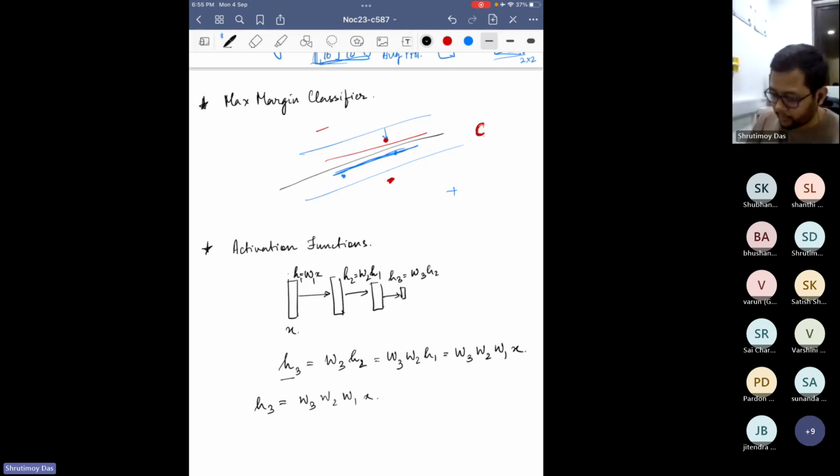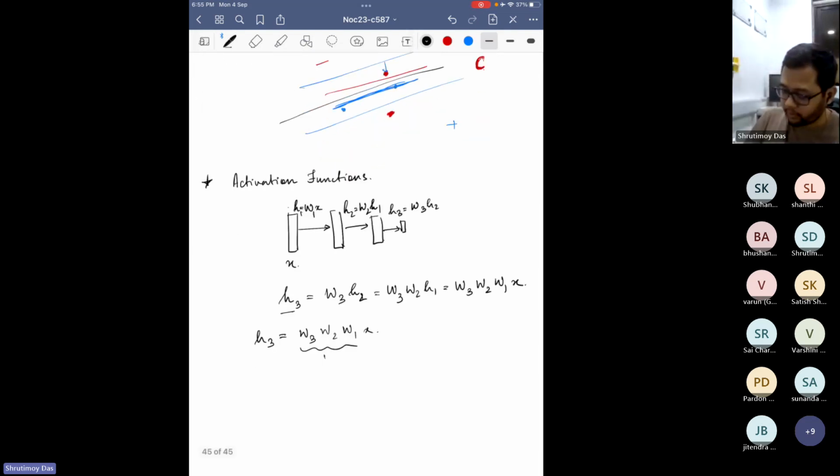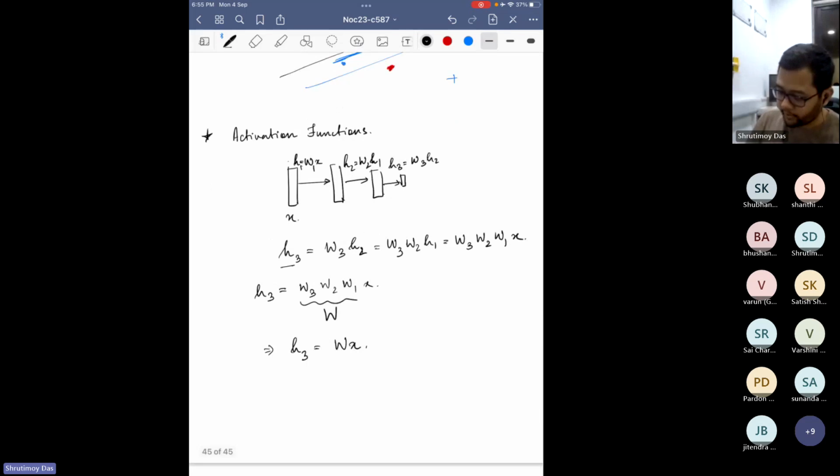Suppose we multiply these matrices together, and suppose this is some W. So we can say that your H3 is Wx. This is the same as saying that you have some input layer here, and you have some output layer here, and you are multiplying by some matrix W. So these two models are the same because you're not applying any non-linearity.